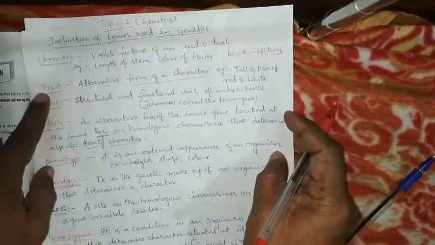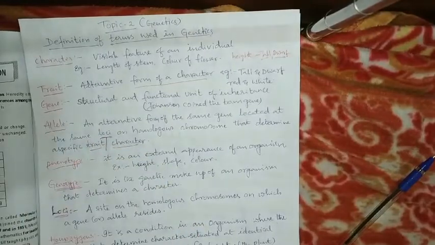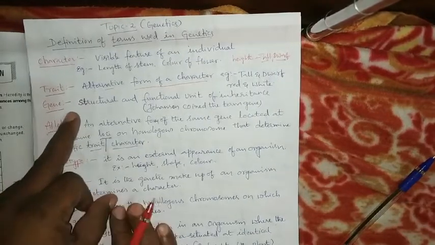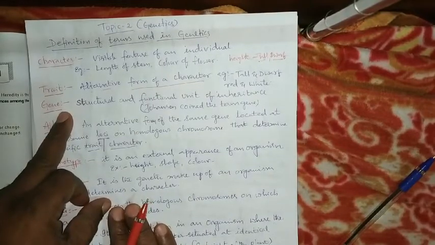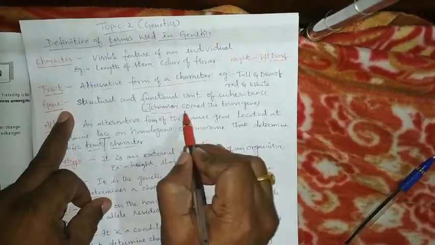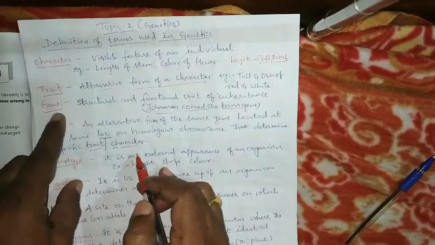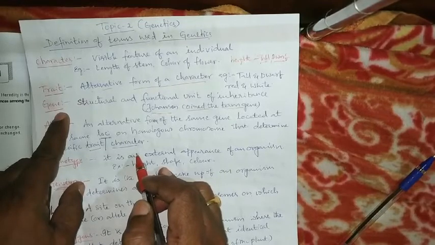And then gene, the structural and functional unit of inheritance is called a gene. The term gene was coined by Johannsen. The term gene was not used by Mendel, but he used factor.